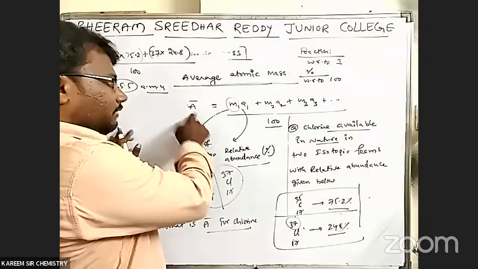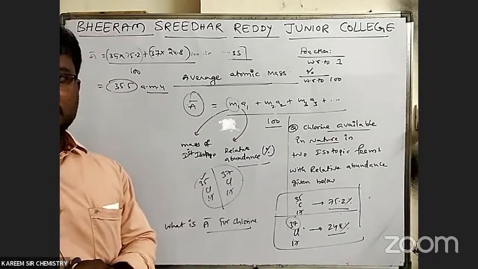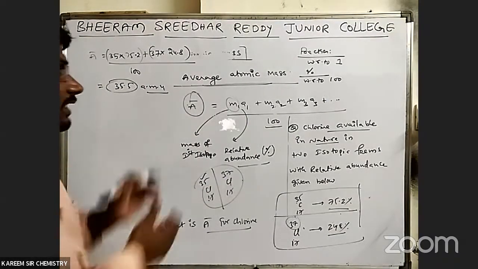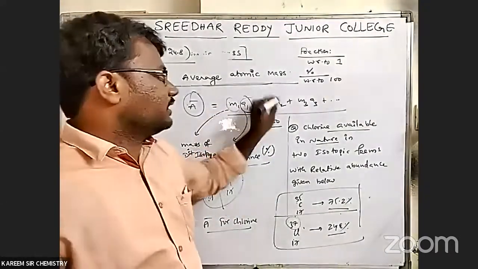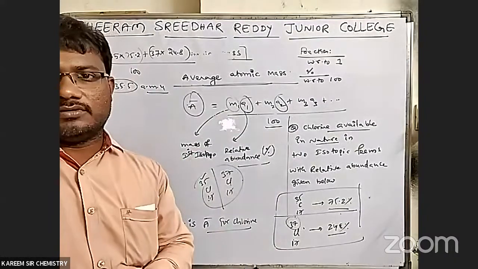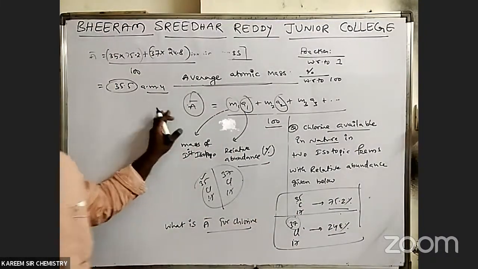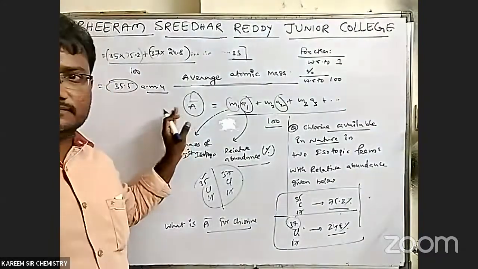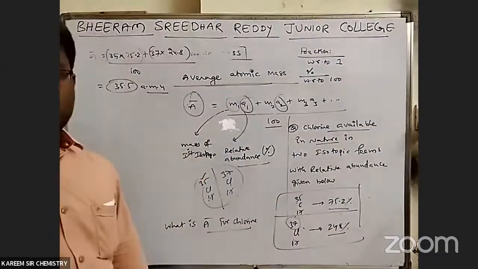Sometimes they will give the average atomic mass and the mass numbers, and ask you to calculate how much percentage they are available. In this model, I will give one problem. So, is this problem understood? Any doubt regarding how to calculate average atomic mass?